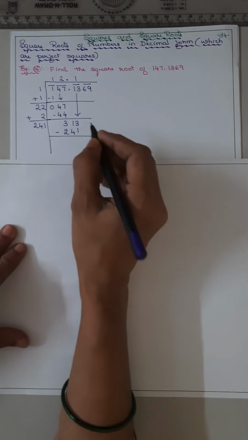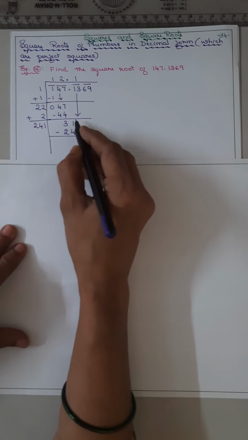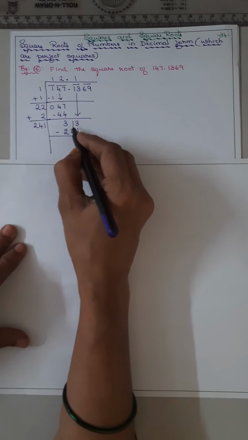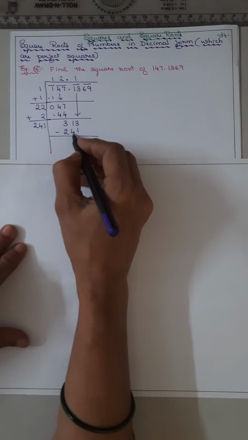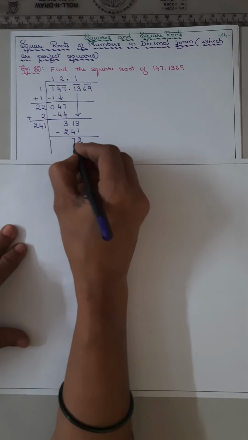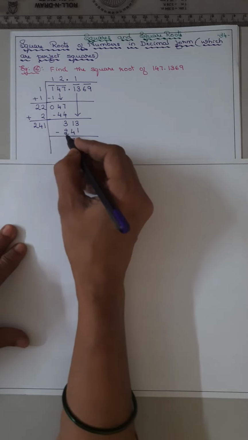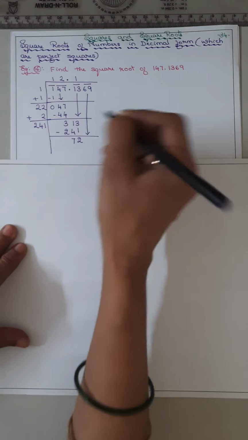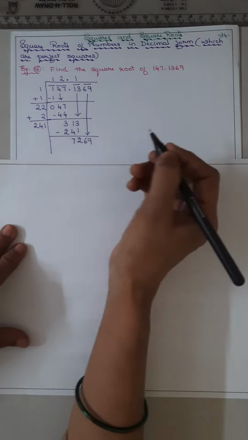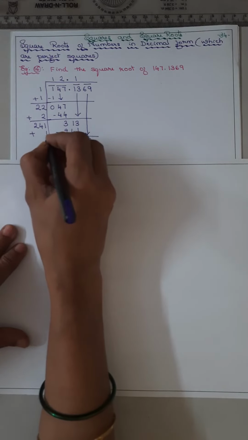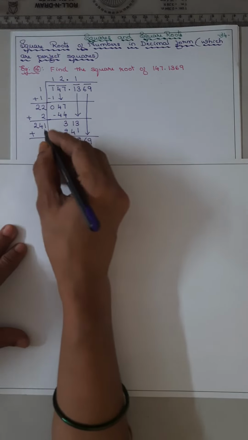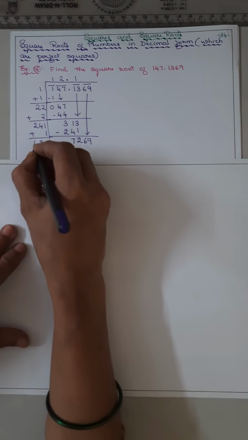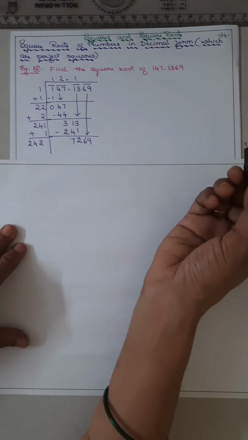Now 3 minus 1 is 2. Now it is 11 minus 4 is 7. 2 minus 2 is 0. Now bring this 69 down. Add 1. 1 plus 1, 2, 4, 2.